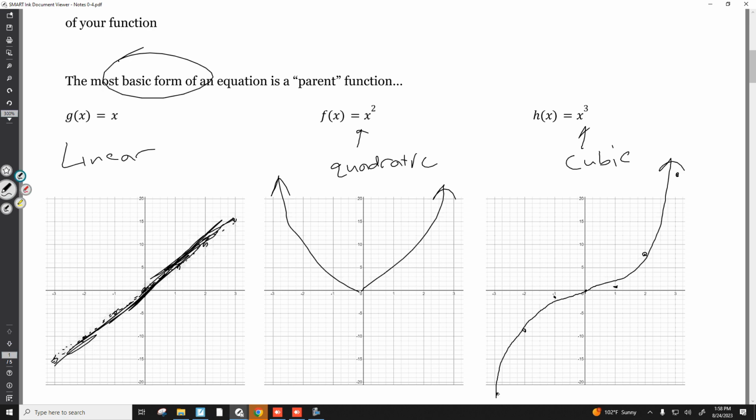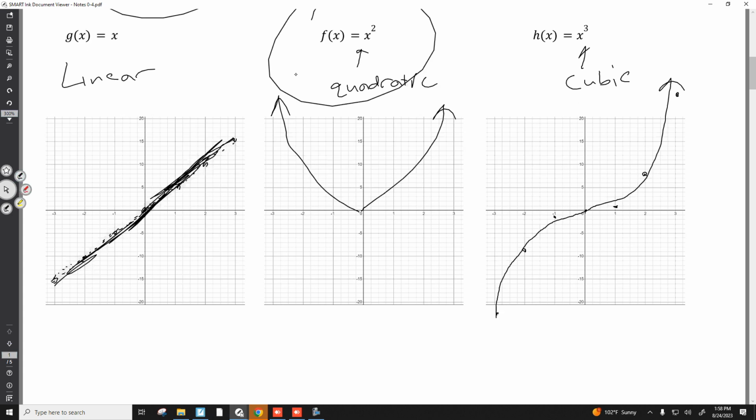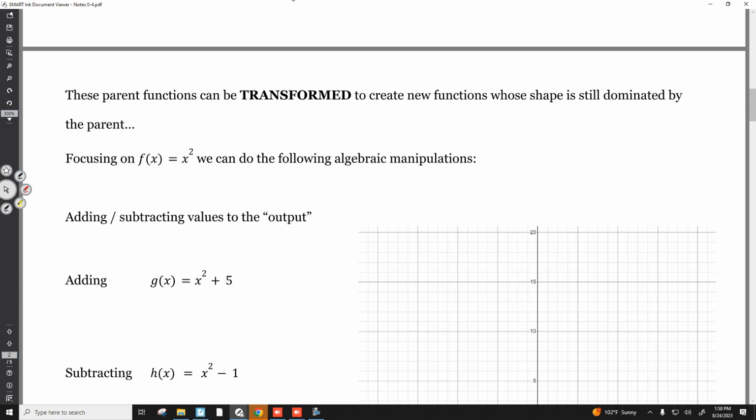Now, we are going to stick to quadratics, and then maybe random different types of functions that create funny graphs. And we are going to transform them. We are going to create new functions whose shape is still dominated by the parent function.